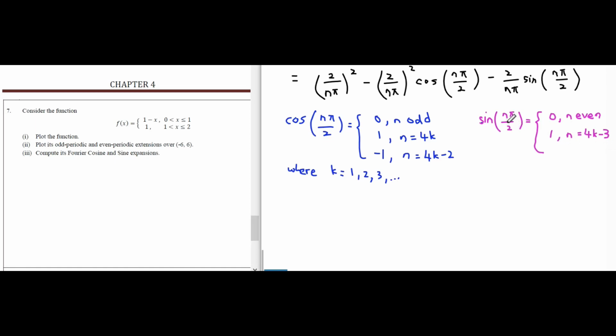When n takes the value of 3, sine 3 pi over 2 gives a value of -1. When n takes the value of 7, sine 7 pi over 2 is also -1. So that gives a list of n, and this is actually from the sequence of odd and even values.